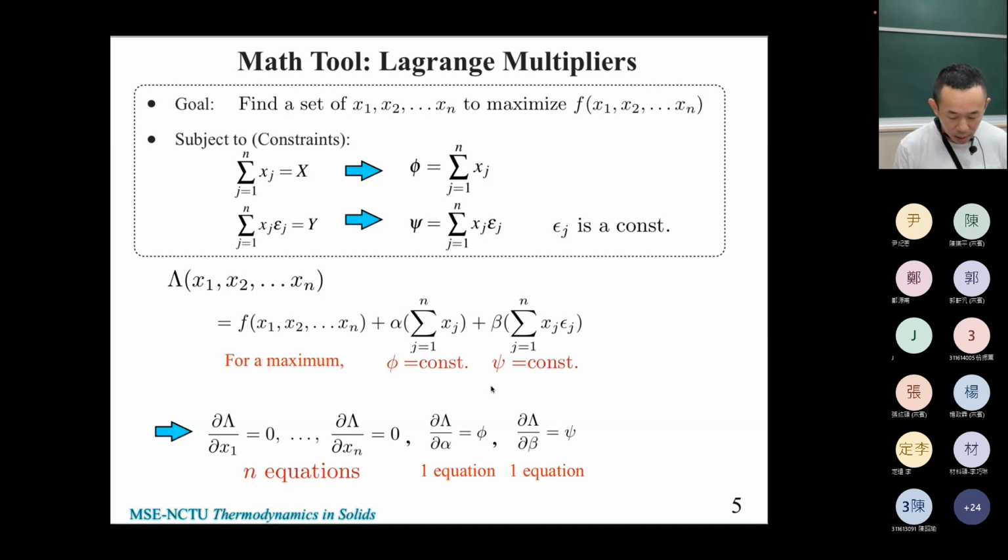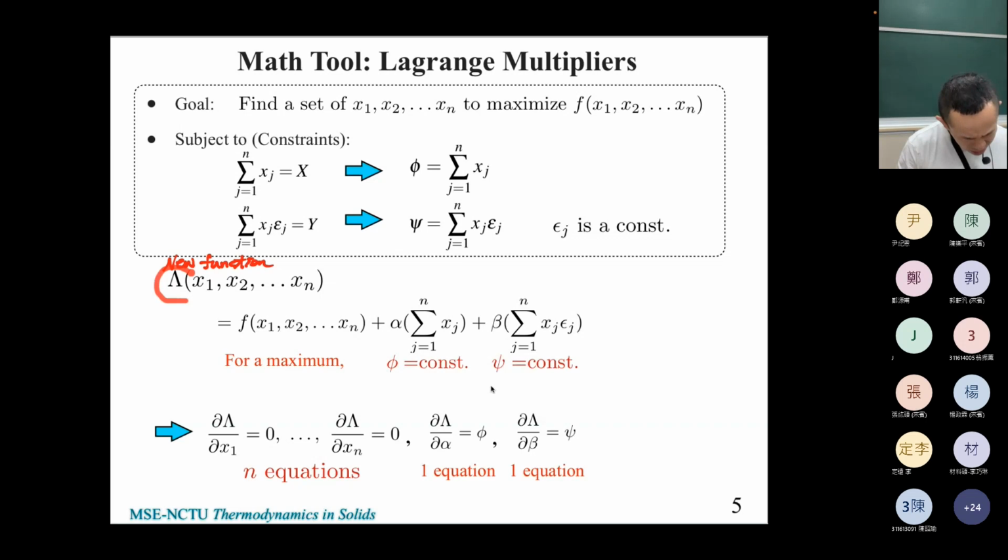Now, what is a Lagrange multiplier? We want to find the function's maxima, the set of x1, x2, xn that maximizes f. We first define a new function which includes the constraints.